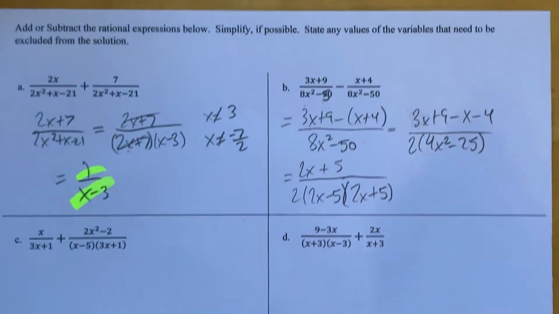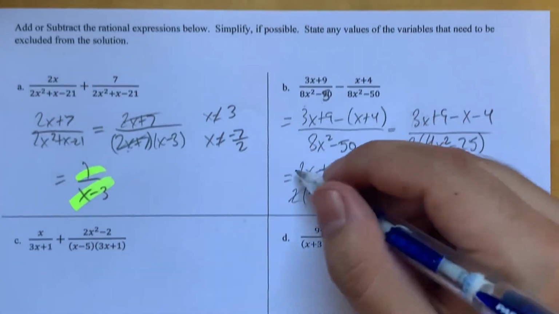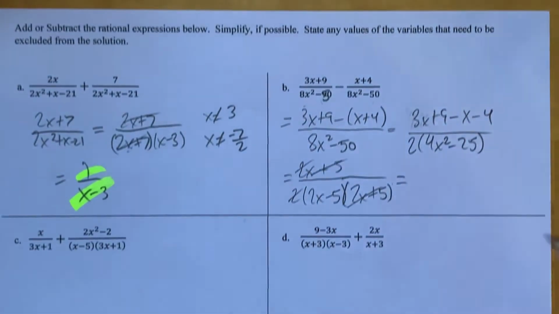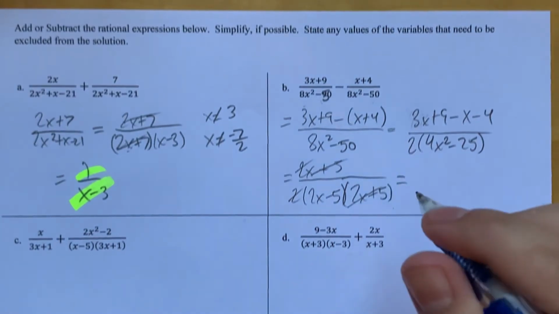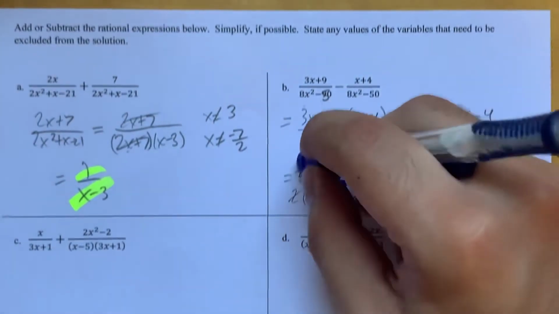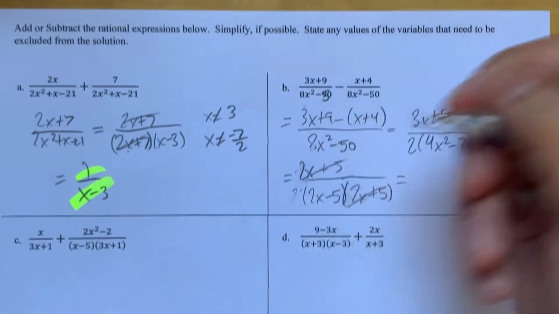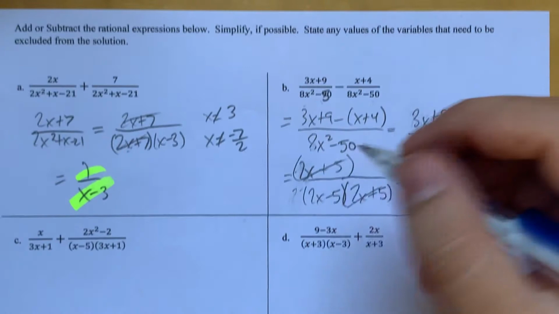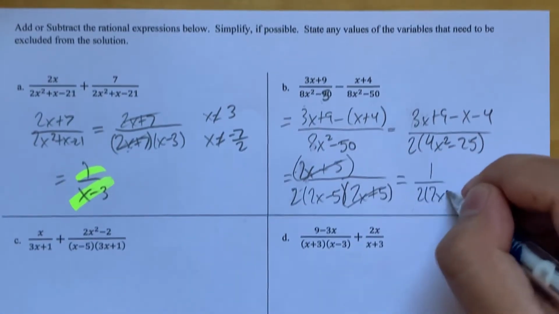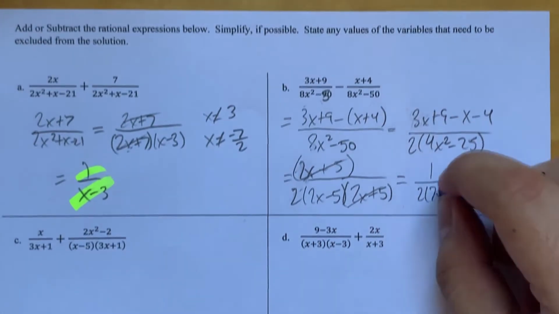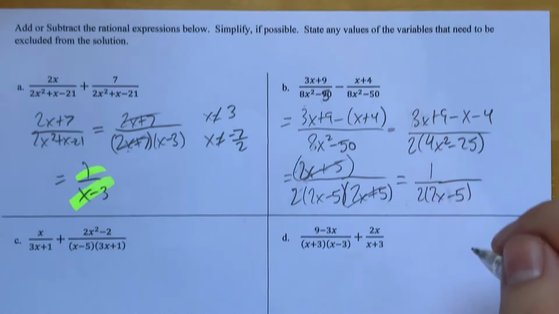We're going to factor out the bottom as well. And then, because the 2x plus 5's cancel, 2's turn to 1's. I should have put a parenthesis around so I didn't get confused. Yeah, the whole thing cancels. 2's left, so we get 1 over 2 times 2x minus 5. Minus 5. Right? There we go.